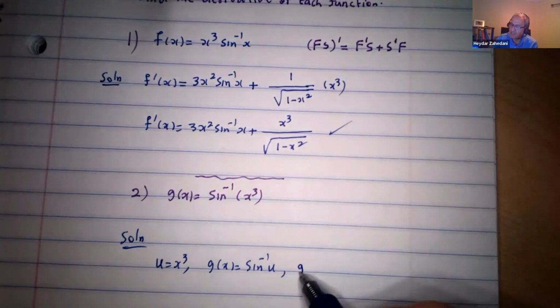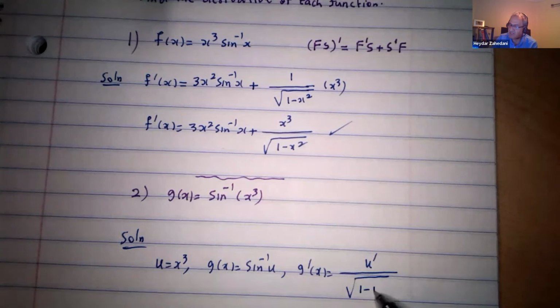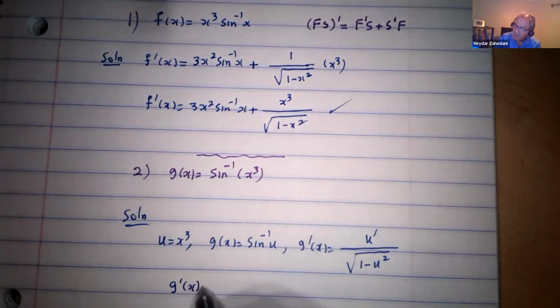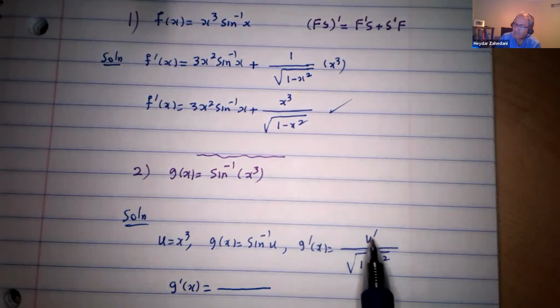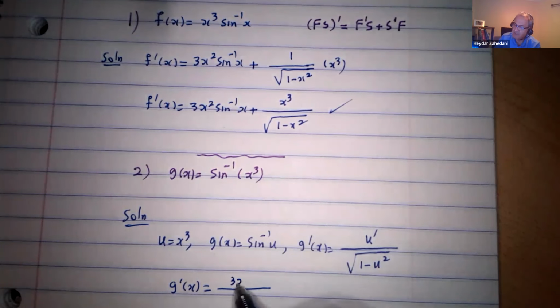Okay, so the g prime of x is going to be u prime over the square root of 1 minus u squared. When we use the chain rule, there is going to be an extra term, and that extra term is your u prime. Now I substitute. So g prime of x is equal to u prime, the derivative of x cubed, which is 3x squared, divided by the square root of 1 minus u squared.